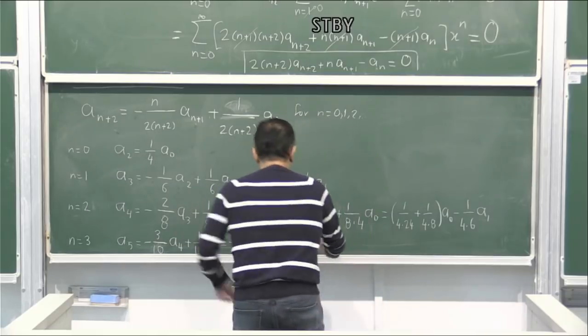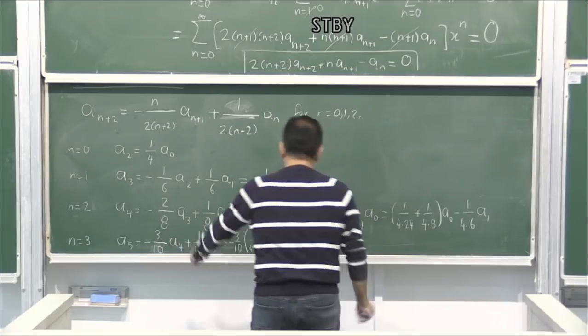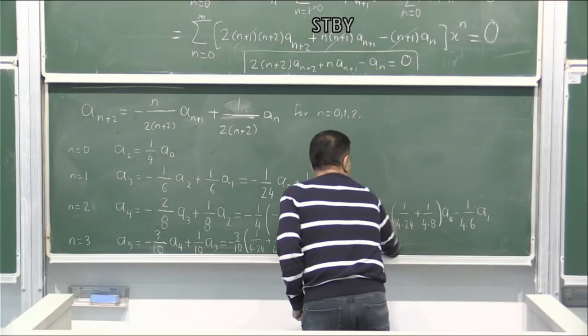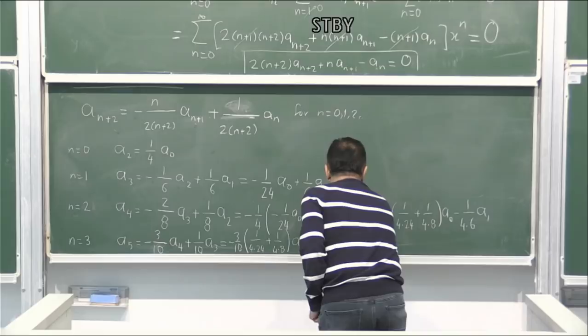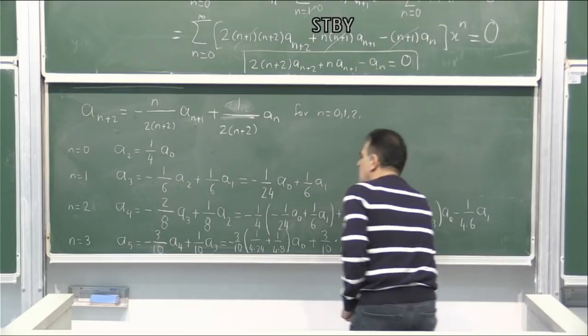And minus 3 over 10 times this, and so minus minus plus, so 4 times 6 A1.